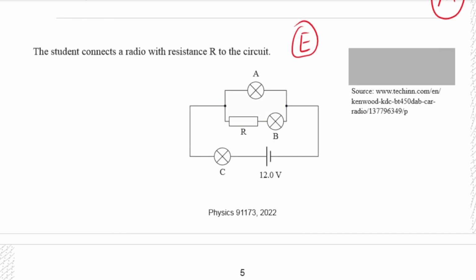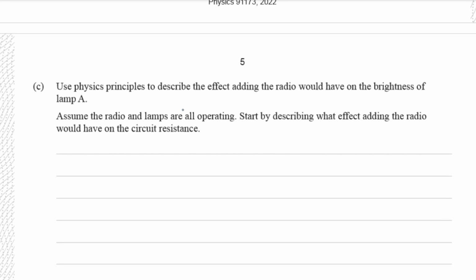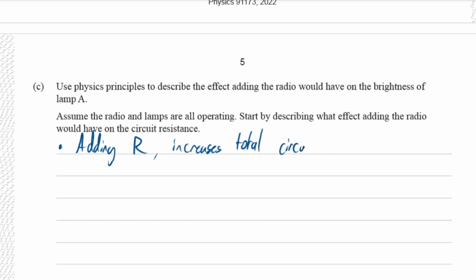So that can be our first bullet point. So adding the radio, resistance R, increases total circuit resistance. Cool.